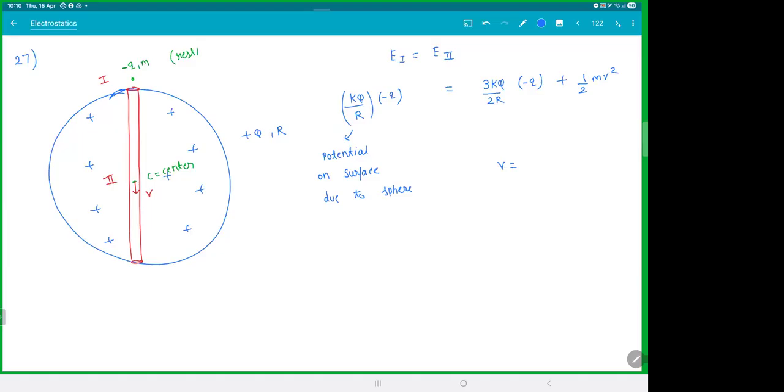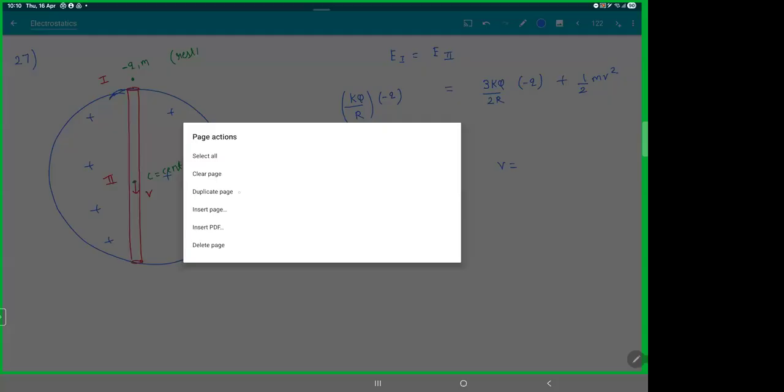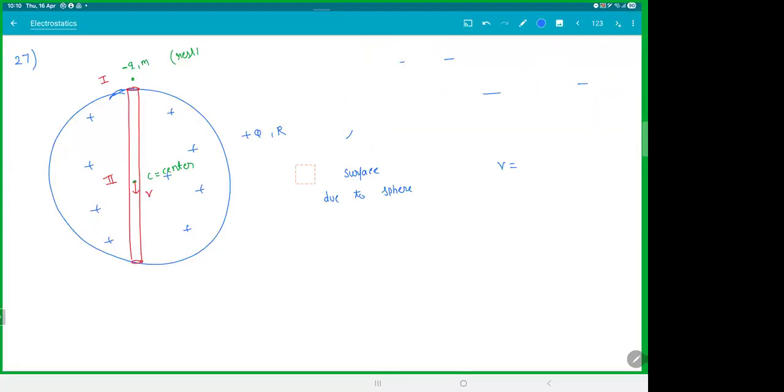Clear? Now, there is a much better way. When you're falling here, let the particle be somewhere here at a distance x. The force acting on the particle will be charge q into E. But what is the field inside?